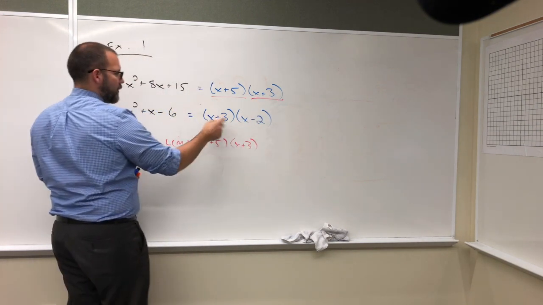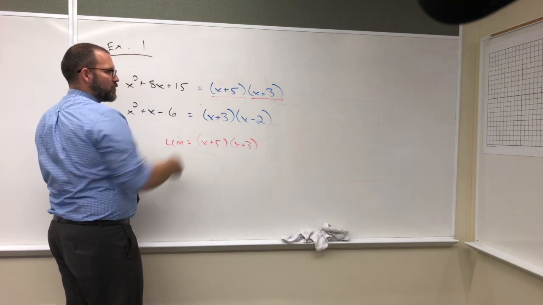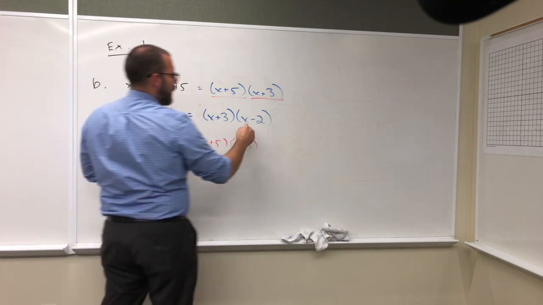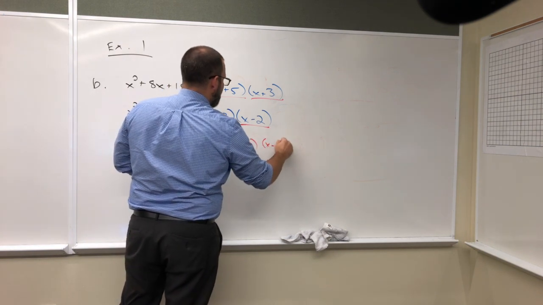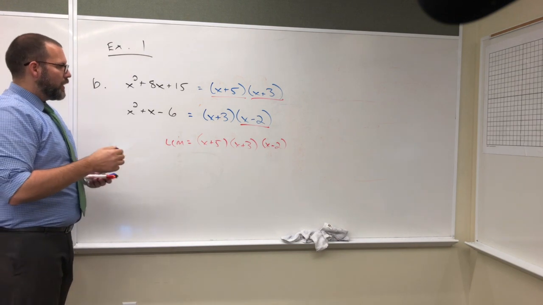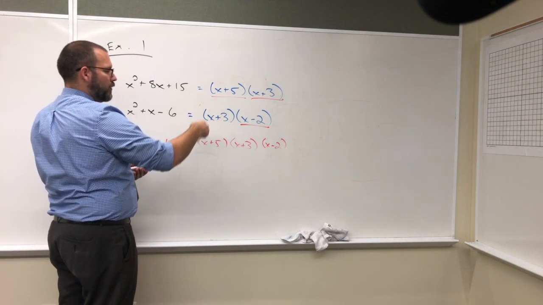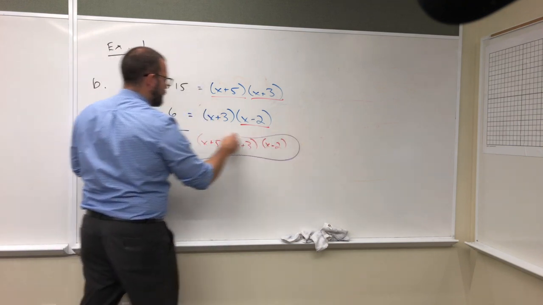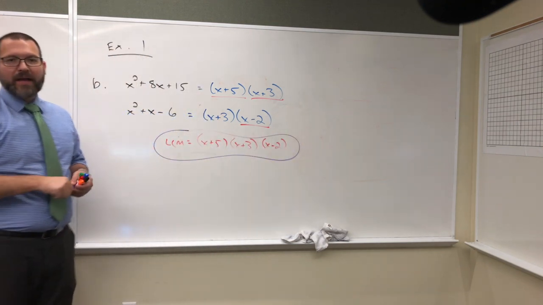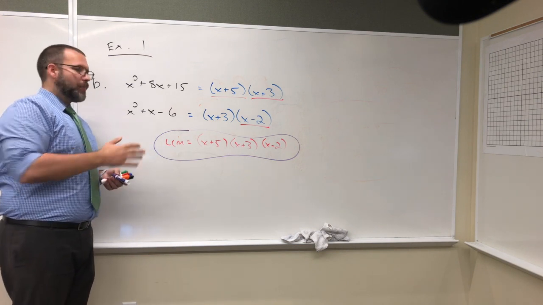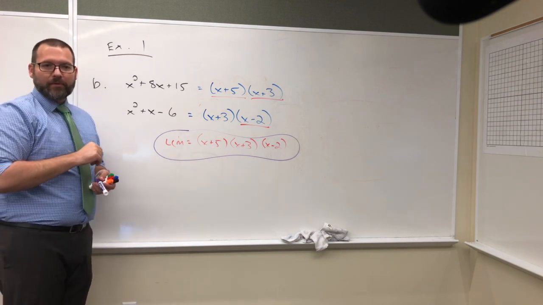Again, it makes no difference that we had the x plus 3's multiple times and the x plus 5 just once. I simply list out every individual factor, x plus 5, x plus 3, x minus 2. In this case, nothing has a power, so I don't need to add powers to anything, and that's it. I'm done. I don't even need to multiply that out. We could, if we wanted to, multiply it out with the box method, but that's it. That's the least common multiple.